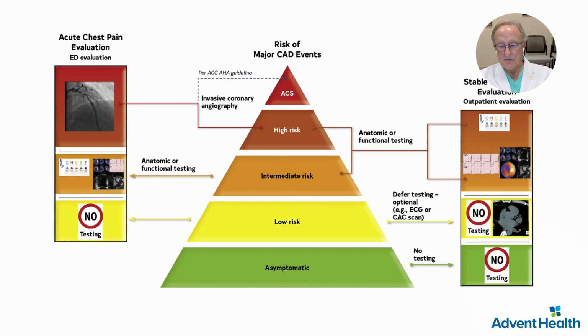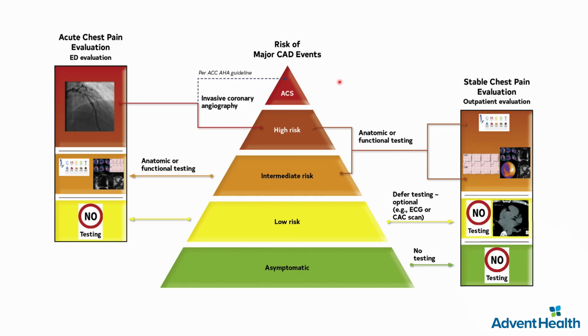I put this pyramid, which is in the published practice guidelines statement, to sort of emphasize how these guidelines are being developed these days. They're all risk-based, and this is even with respect to lipid therapy. You recall that in not so old days, lipid therapy was specifically targeted at numbers.